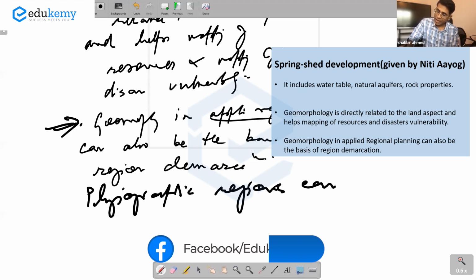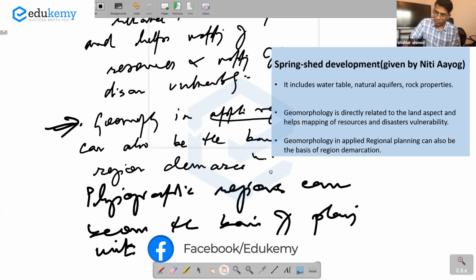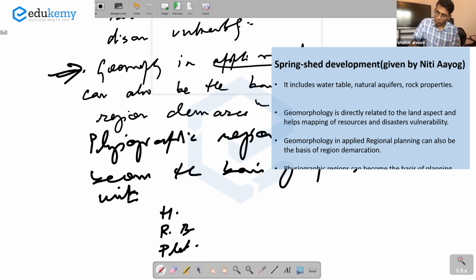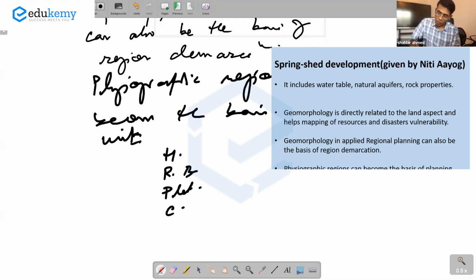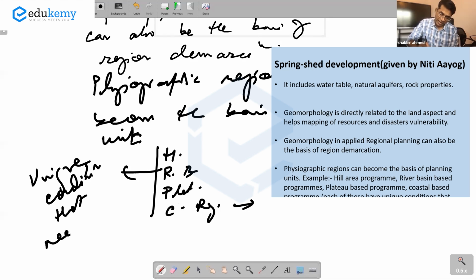Geomorphology in applied regional planning can also be the basis of region demarcation. Physiographic regions can become the basis of planning units, such as hill area programs, river basin based programs. We have plateau based programs. We have coastal regions based programs, and each of these has unique conditions that need to be addressed.